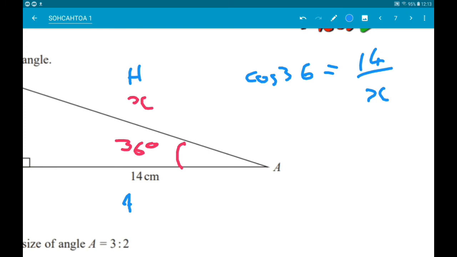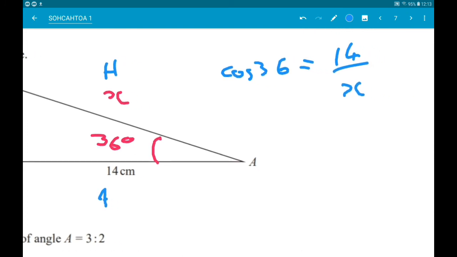Okay, now again we have the problem with x being on the bottom of the fraction. Multiply both sides by x. So x cos 36 is 14. Now the cos 36 is annoying us, it's multiplying x, get rid of it by dividing.